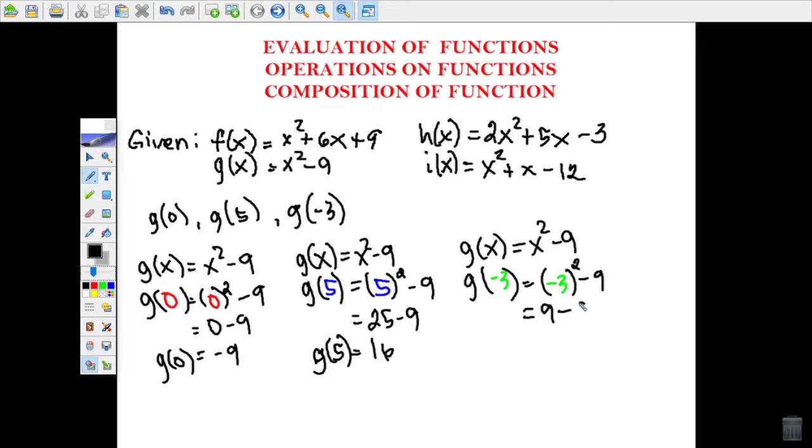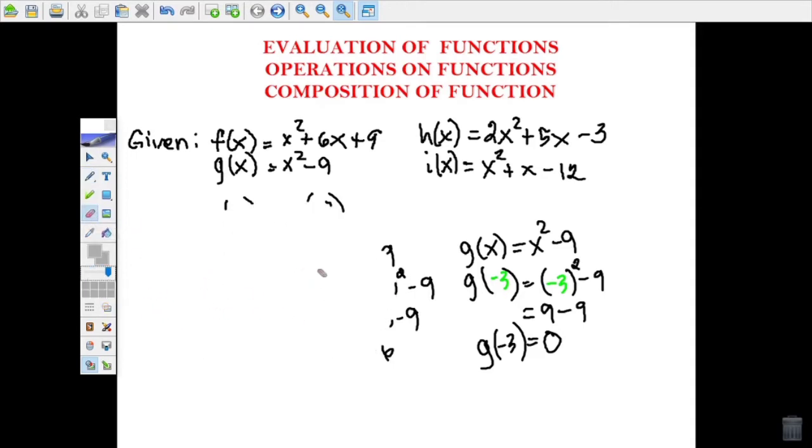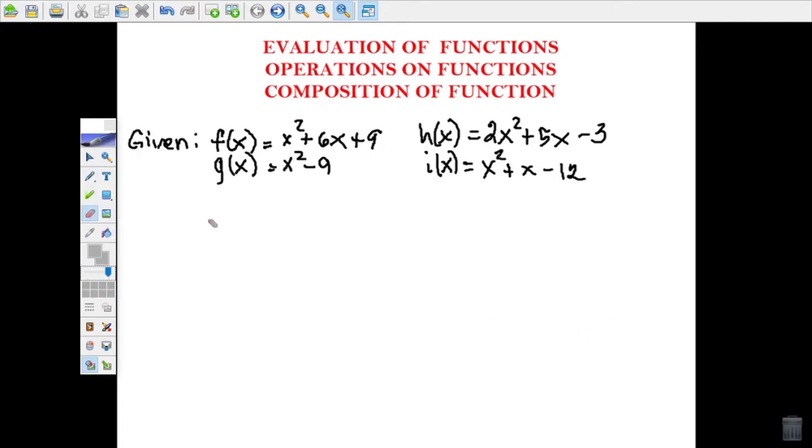Then just copy minus 9. So, 9 minus 9 is 0. So, therefore, ang value ni g of negative 3 is 0. Okay? So, next, how about if we are looking for, let's say, sa h na tayo, let's say h of 10, h of 1, and h of negative 2.